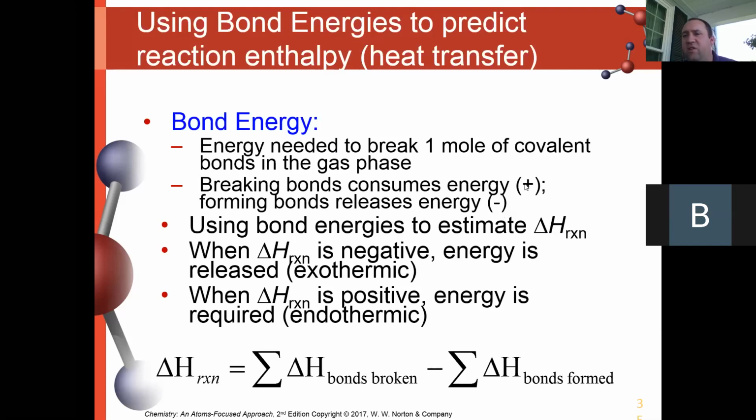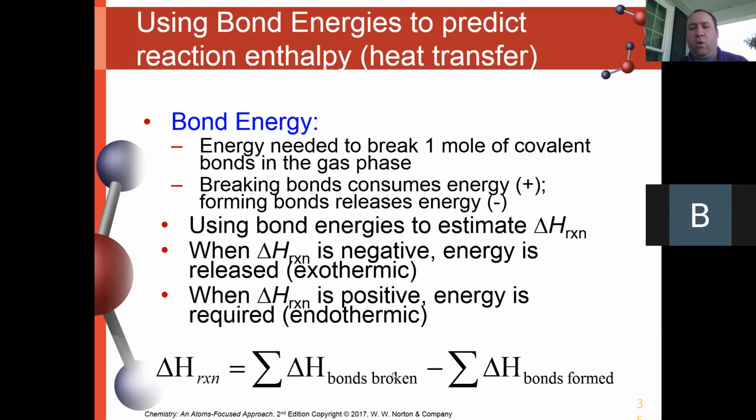And the conventions that we've talked about as far as our sign are concerned apply here as well. Breaking bonds requires an input of energy. Input of energy is a positive energy. Forming bonds is going to release energy. The release of energy comes off as a negative energy.